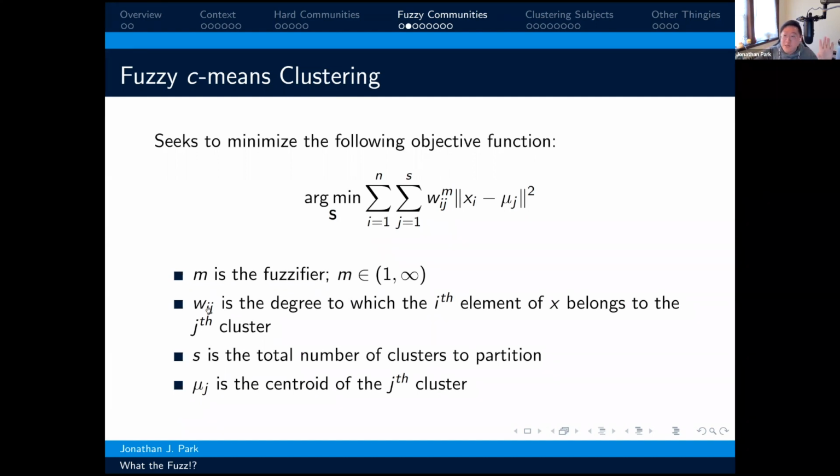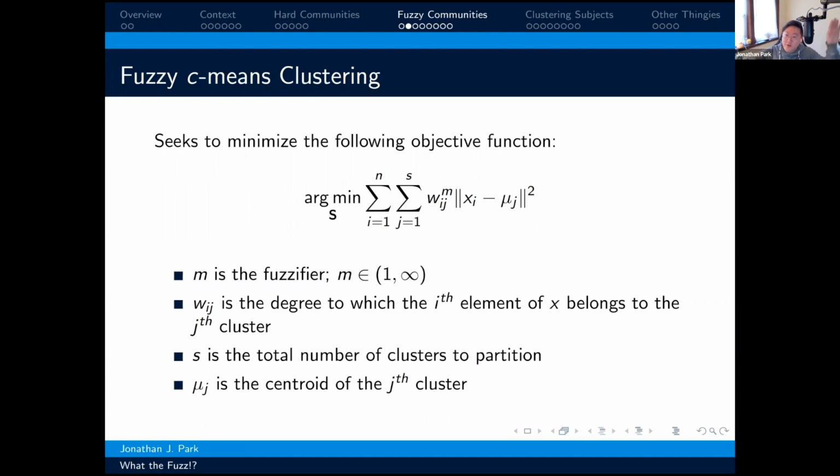And w is a matrix where the ijth element of that matrix tells us subject i's, or the ith element of X and how much it belongs to the jth cluster, right? So how much does the ith value belong to the jth cluster across all of X? So then we have a matrix that is n by k.